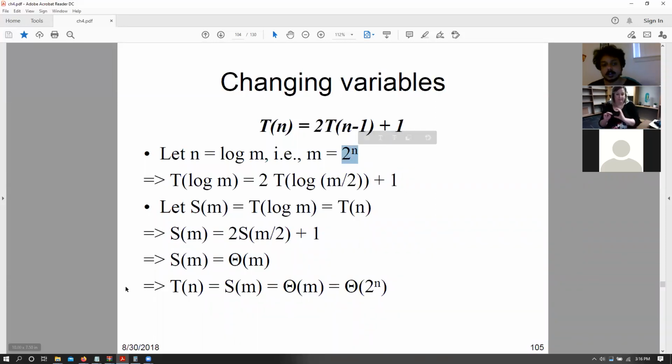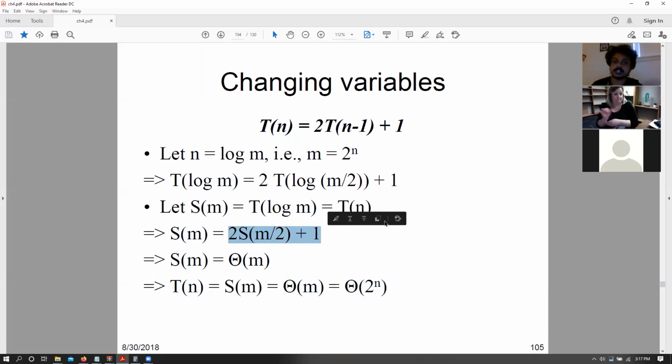So we have T(n) = Theta(2^n). So we can simplify our cases, and we can apply the recursion tree easily if we change those variables into easier variables, but we can also apply the master theorem as well. In this case, we have 2S(m/2) + 1.